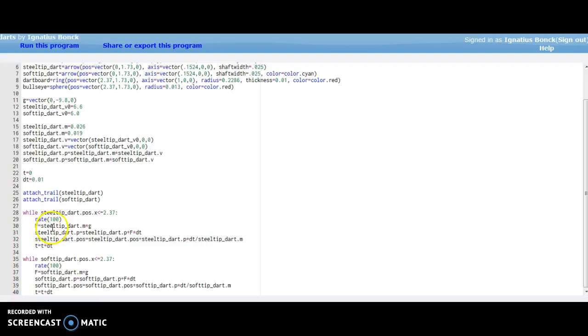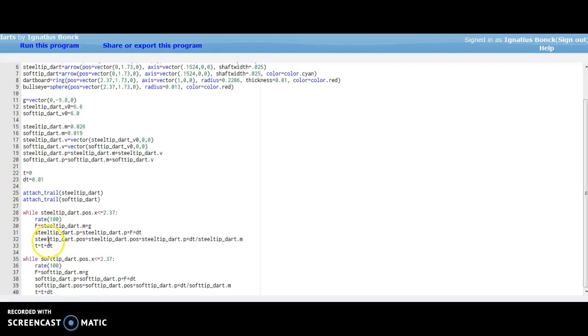First, we find the force, which is simply the mass times the gravity vector. Next, we find the momentum using the momentum update formula: the final momentum equals the initial momentum plus the force times delta t.